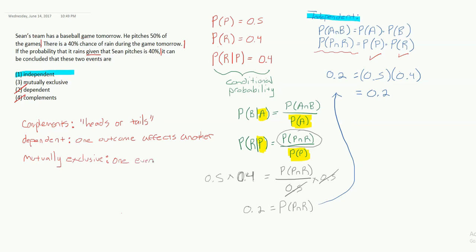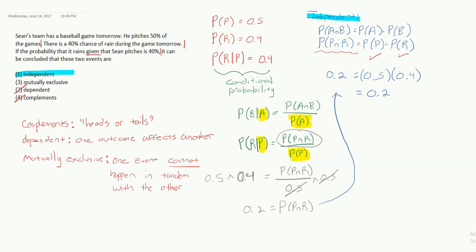One event cannot happen in tandem with the other. So that says kind of like if you flip a coin and you get heads, that obviously means you cannot get tails. You can't have both at the same time.